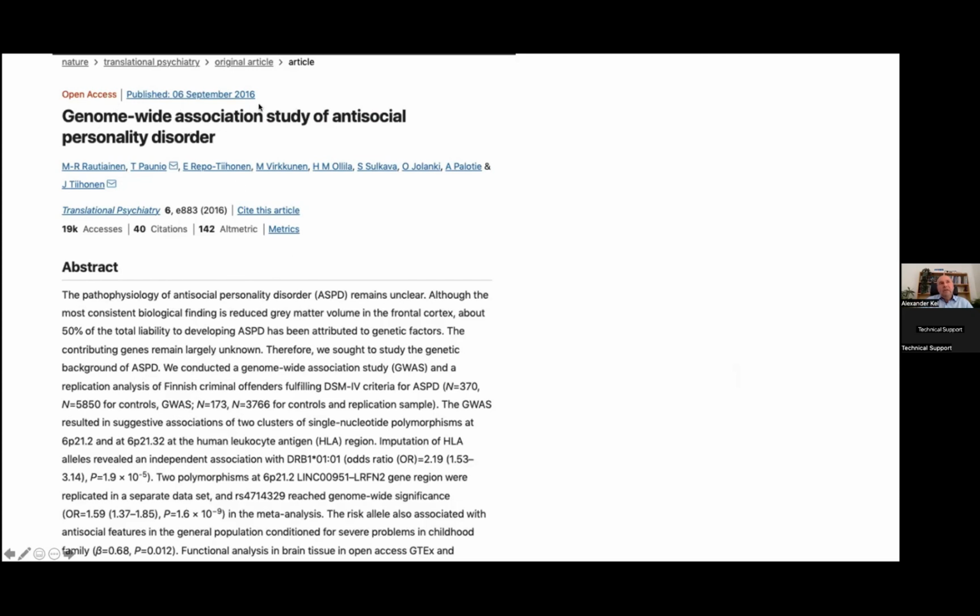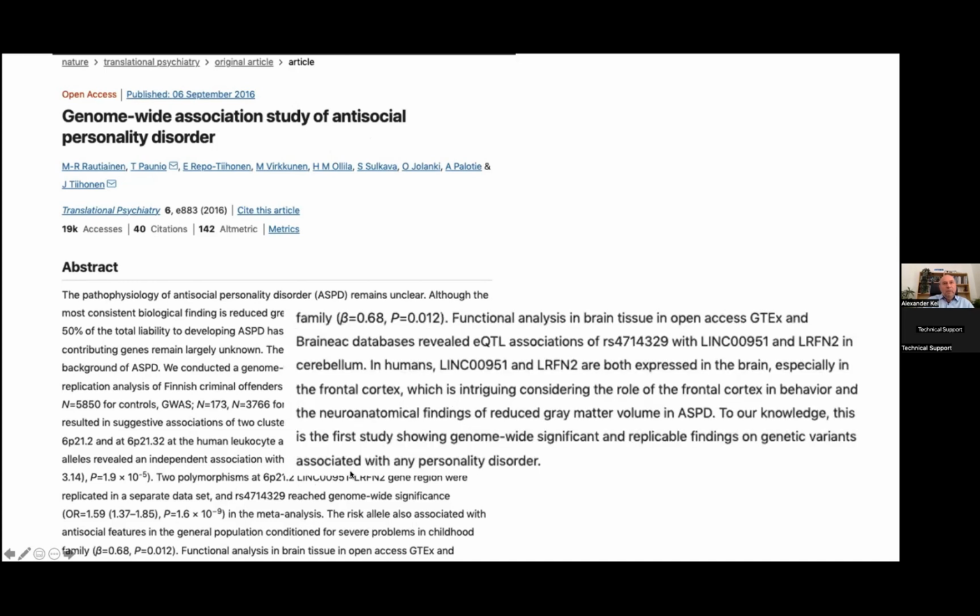In fact, one particular paper was taken for that disorder, and you can see that they found in that paper several SNPs which are correlating with this disorder, and one SNP which is very interesting, very important, is located near this gene, which is in fact a non-coding RNA.